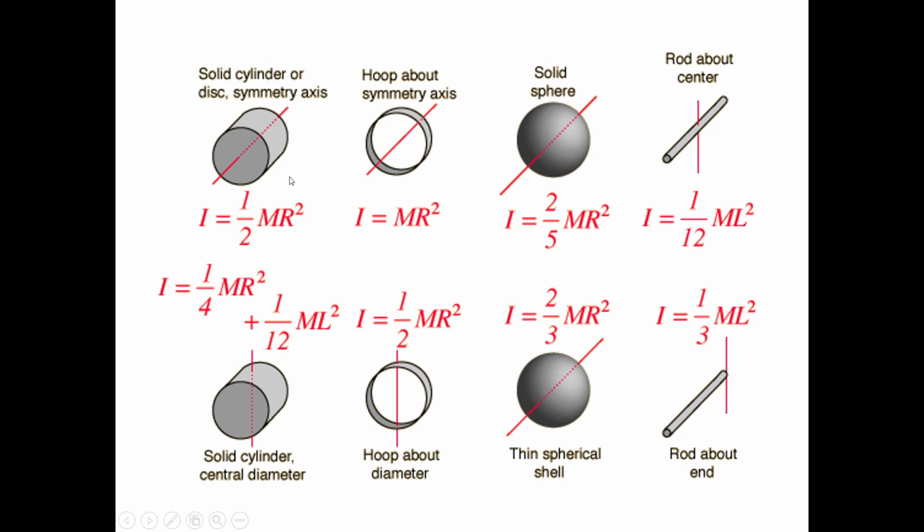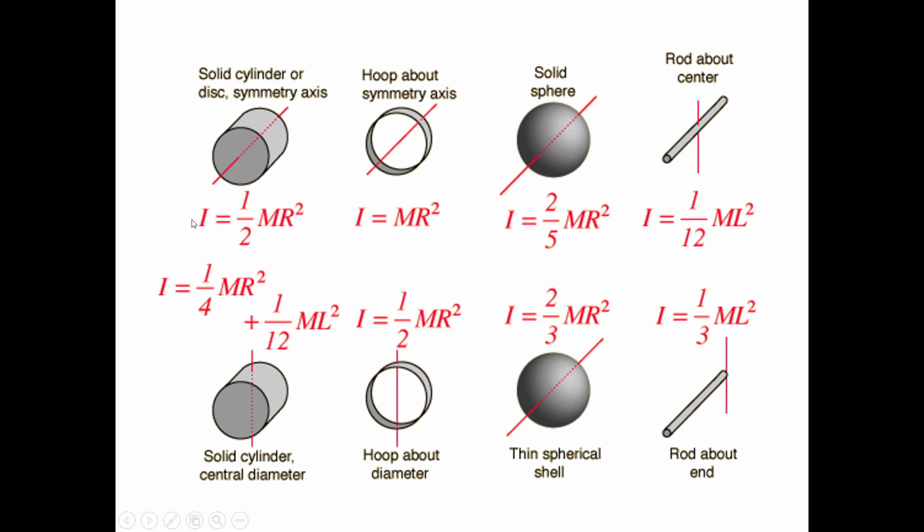As we found out from that voting question, you have to be careful to specify what the axis is because the moment of inertia can change when you change the axis. In this case, here is a solid cylinder or disk. In other words, we've got the axis going through the axis of symmetry of the cylinder. It could either be really long along that axis direction, or it could be really thin like a barbell or something.